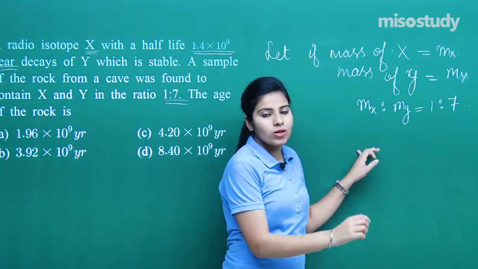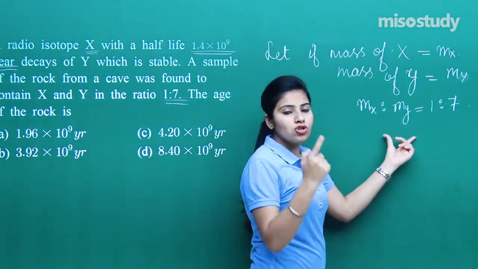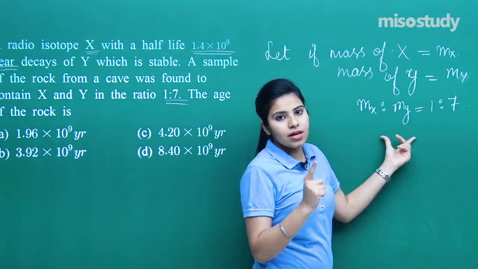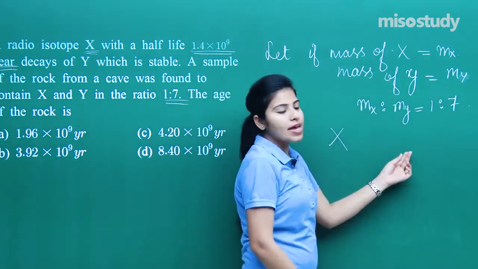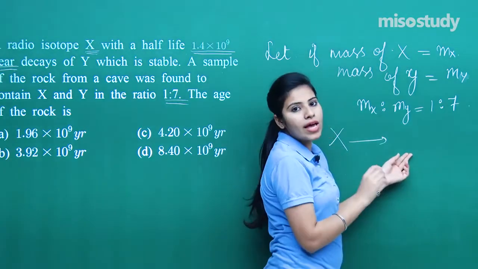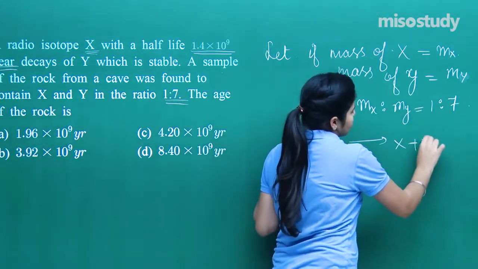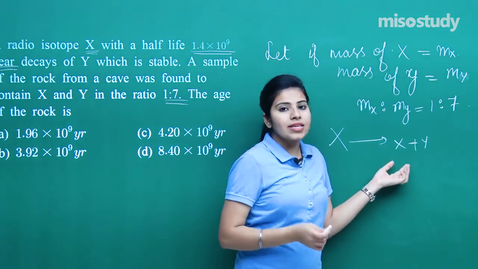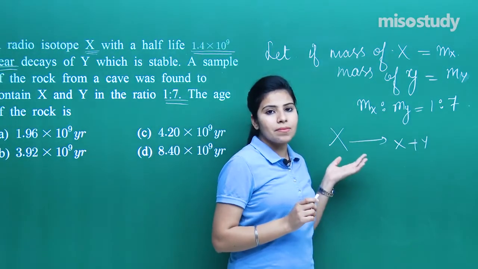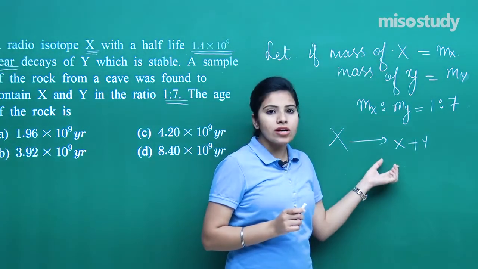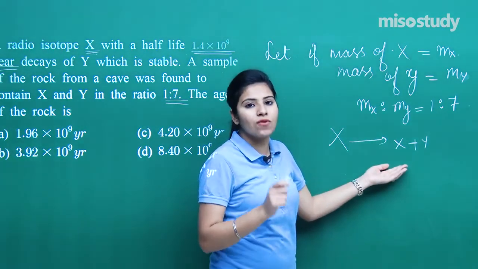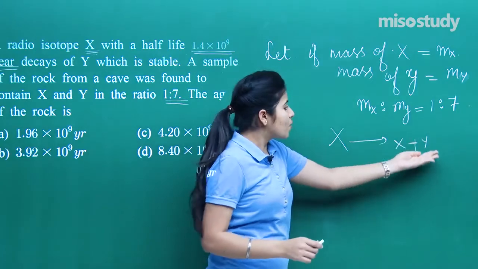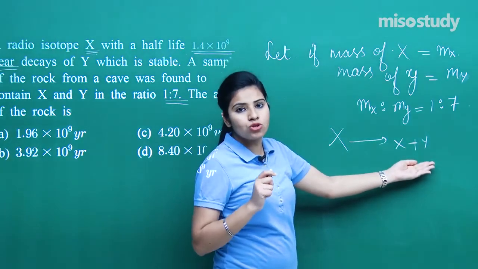Now let me just tell you, these are the parts of one radioactive substance. There was a radioactive substance X, and when it decayed, it broke down into X and Y. This X must not be having the same mass number as this X, but in the question, as we have given that this X is breaking down into X and Y, so what we will do? We have seen that it is breaking down into 2.